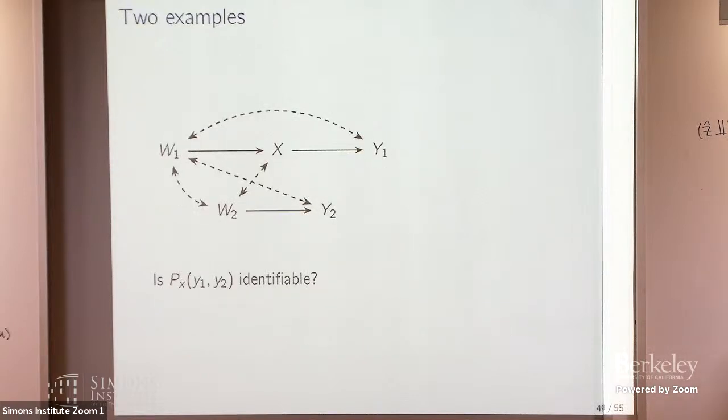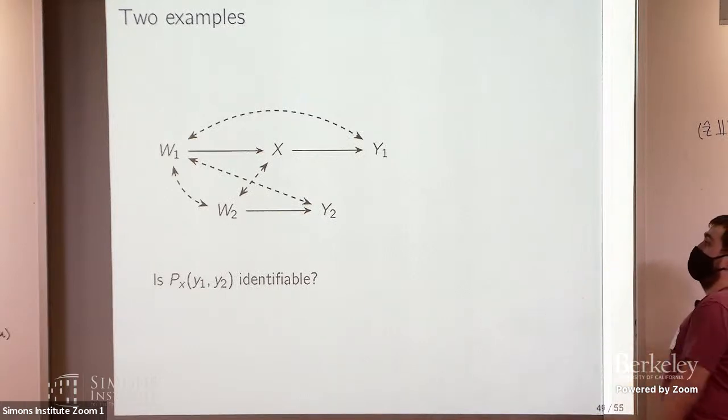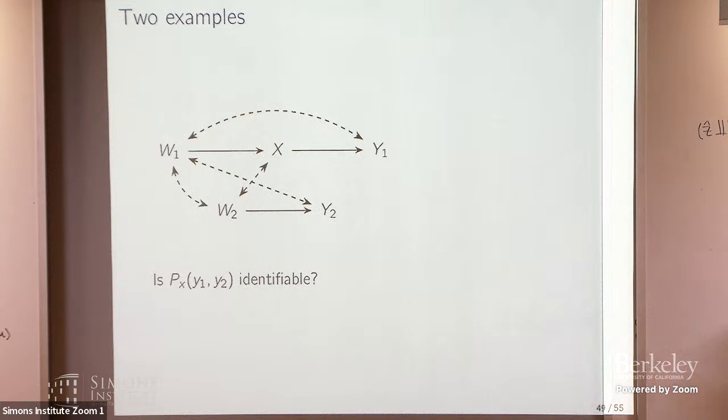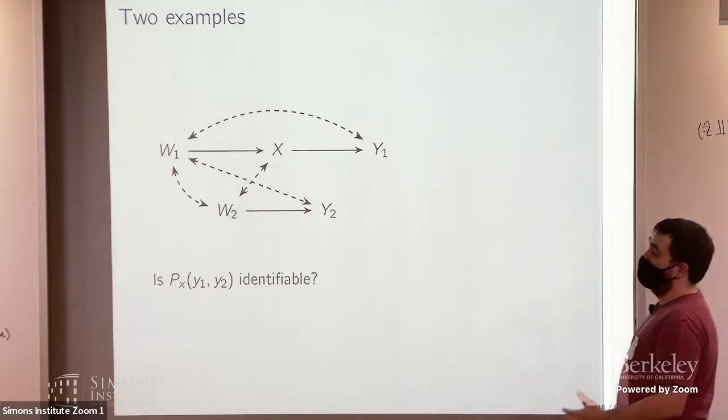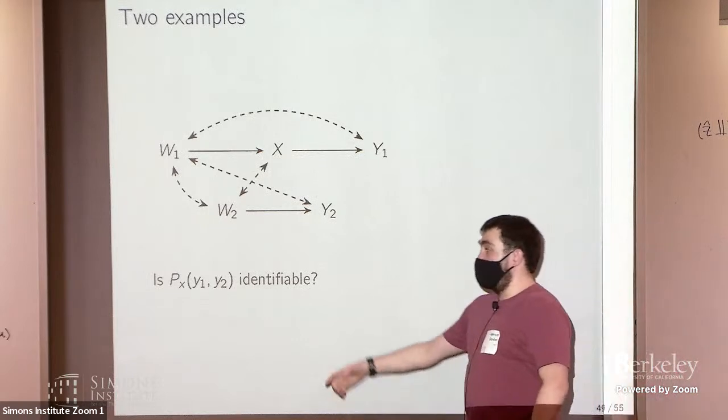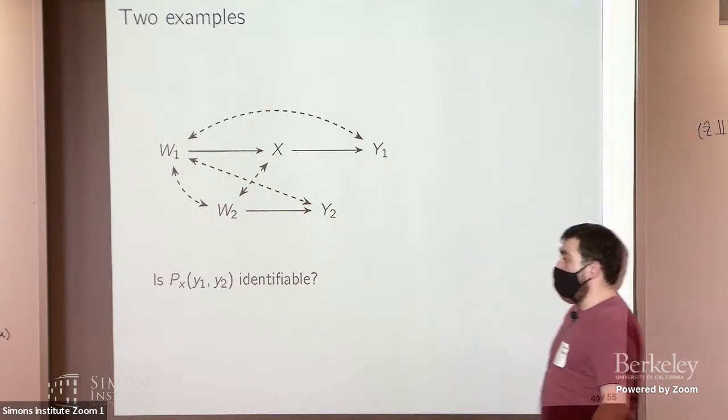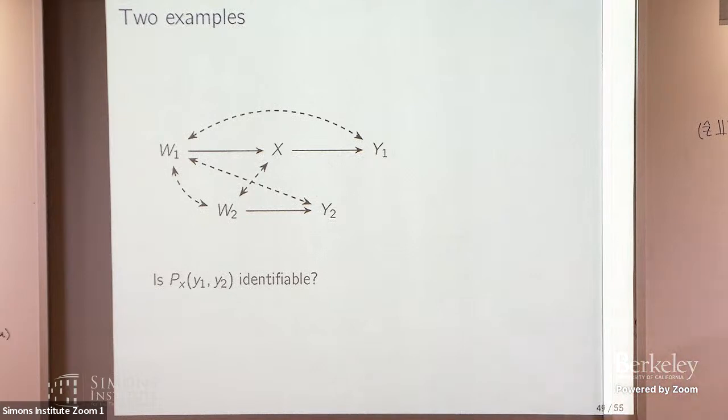So let me go through two examples that illustrate what it does. Let's look at the following graph. For this graph, and the following question: can we identify the effect of X on Y1 and Y2? And then as a subsequent question, can we do the same thing where we've added an edge from W1 to W2?